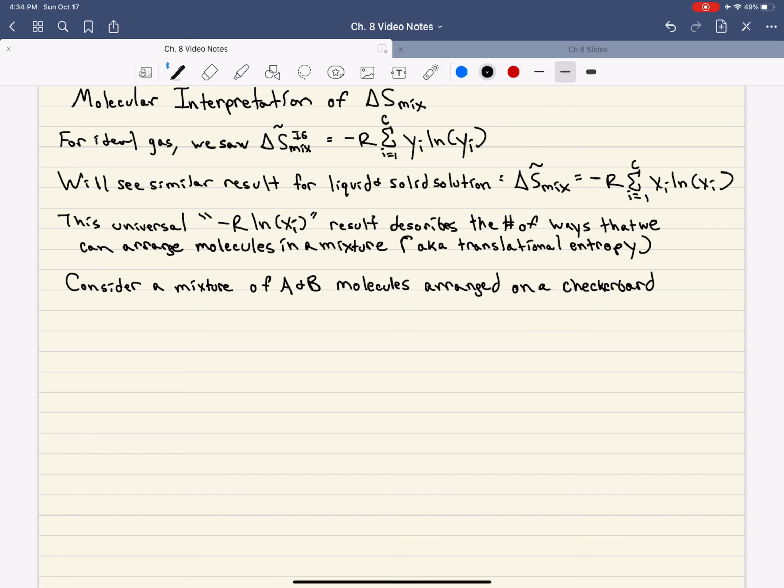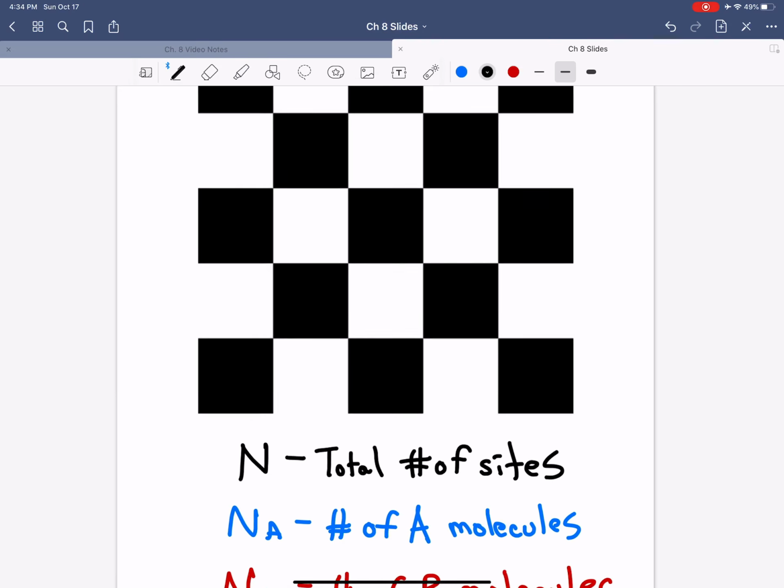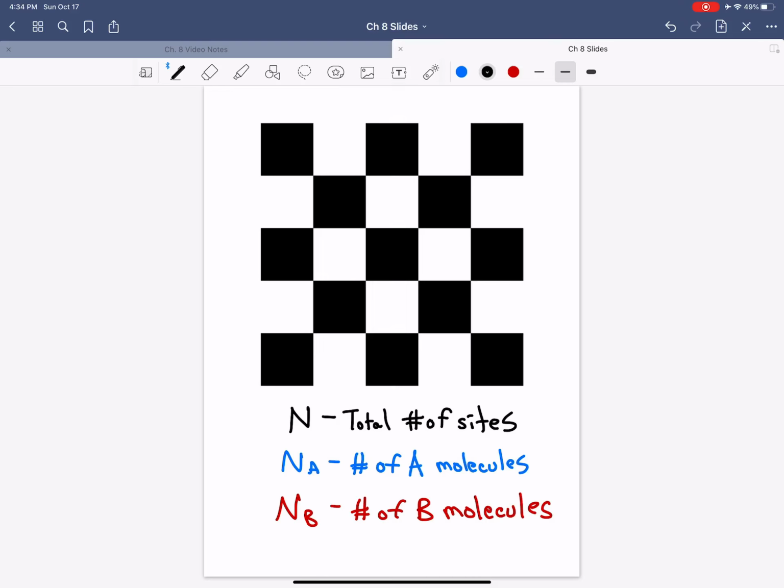So picture in your mind a checkerboard that looks like this. On this checkerboard, there's a certain number of squares. I think we have 5 by 5, so there's 25 squares.